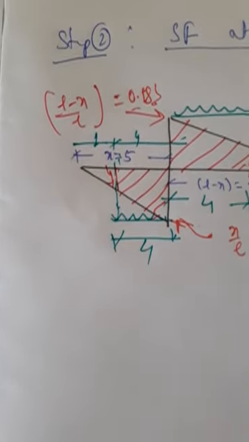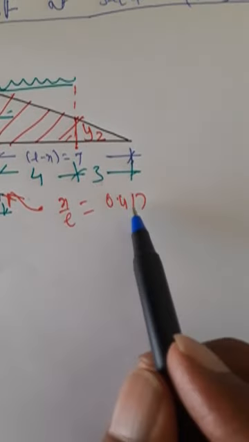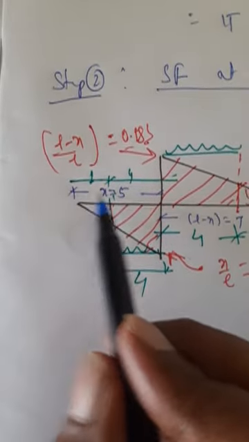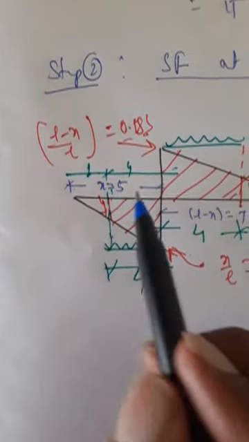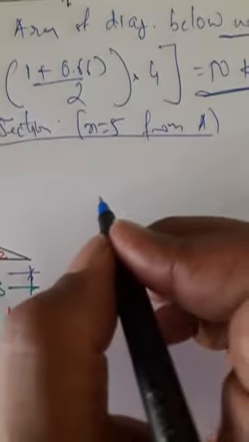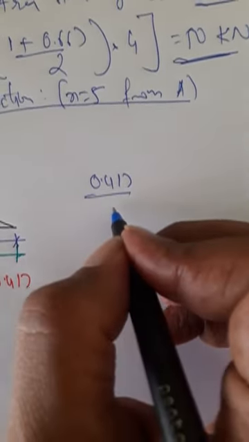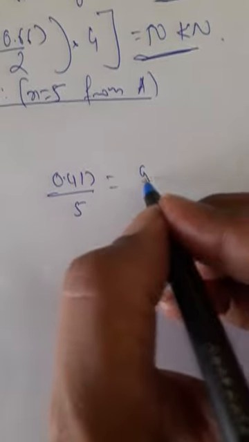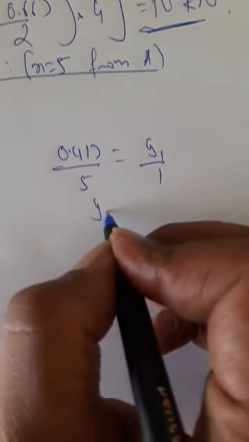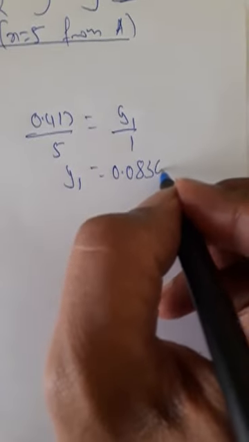Now to calculate y1, I know this ordinate 0.417 divided by 5 is equal to y1 divided by 1. So I get the value y1 is equal to 0.0834.